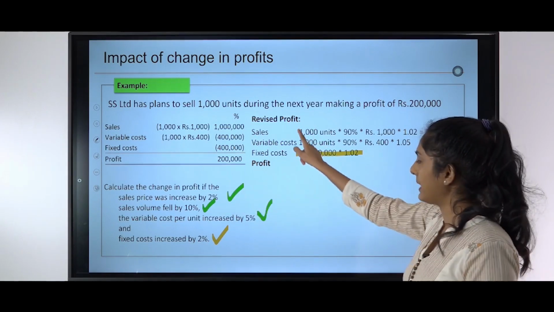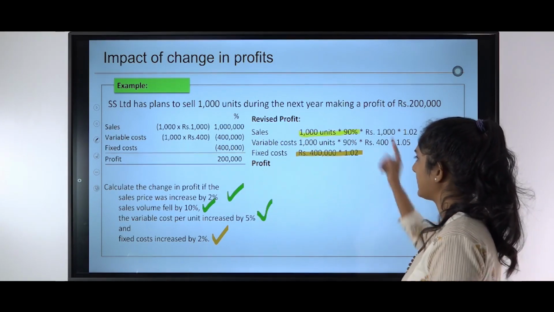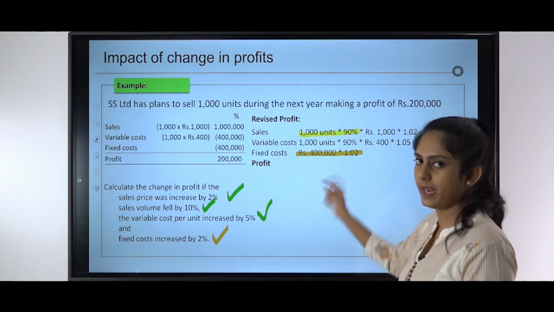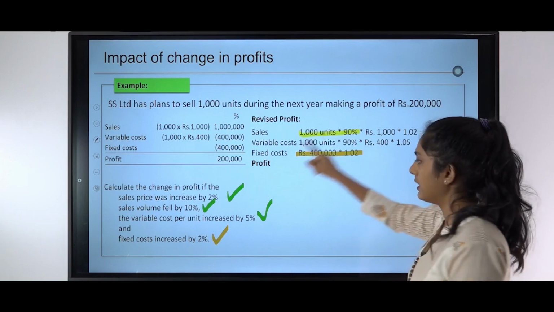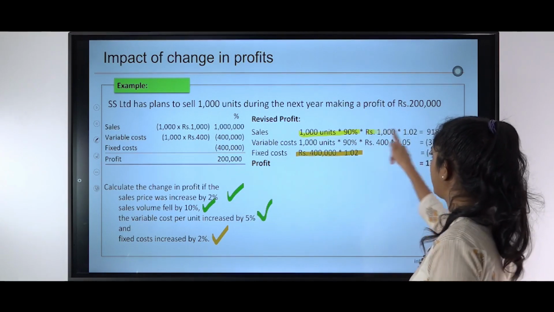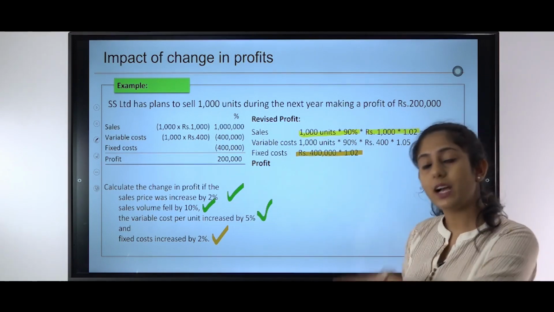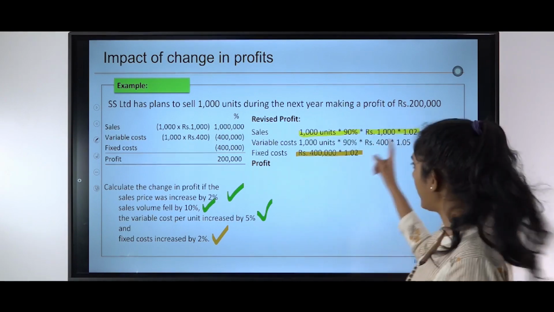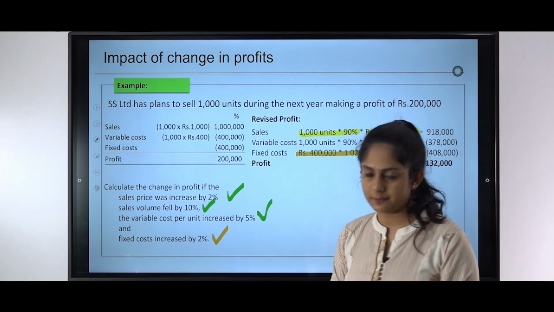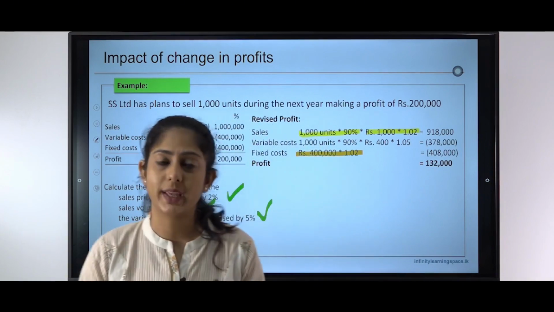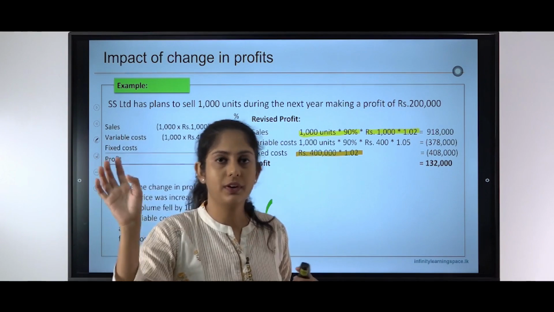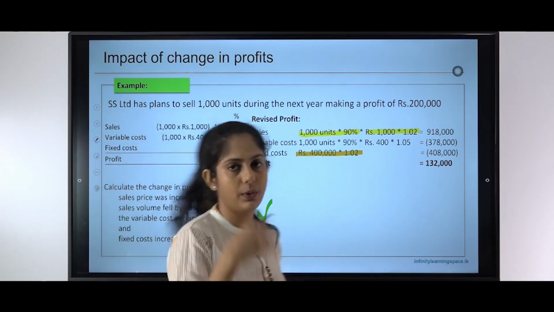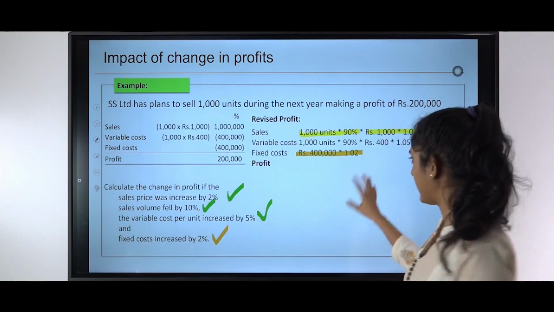Your volume fell by 10%, so you can say 1000 into 90%. Price increased by 2%, so 1000 into 1.02. So without having a previous working, you could have done it like this. That's shorter. Once we get used to doing this, we can make it much shorter and directly put it as into 1.02 into 0.9.